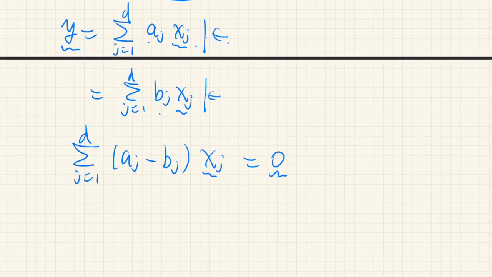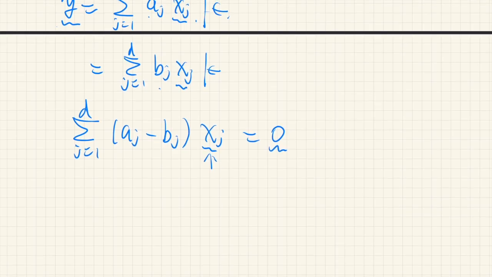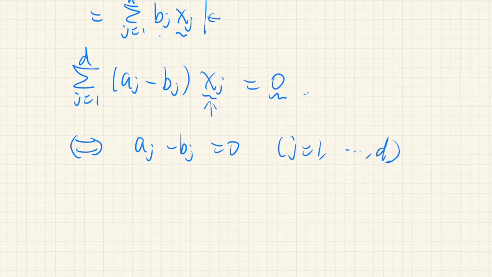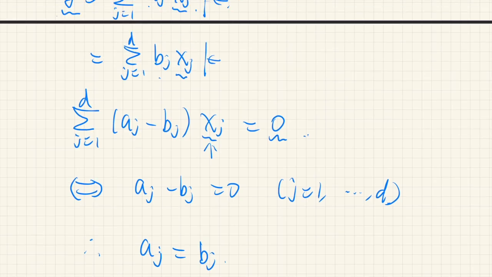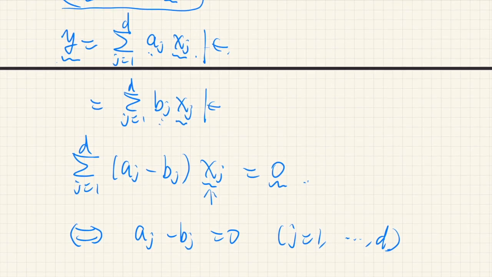So since we are assuming that the xj's are linearly independent, this is the 0 vector if and only if each aj minus bj is equal to 0, for j from 1 to d. So that means all of the coefficients are equal. Okay, so that means this representation is unique.